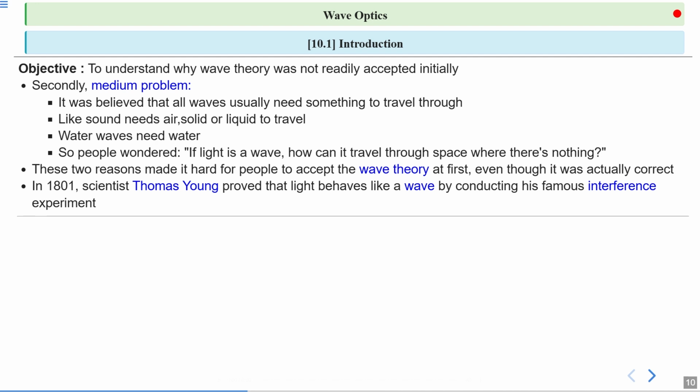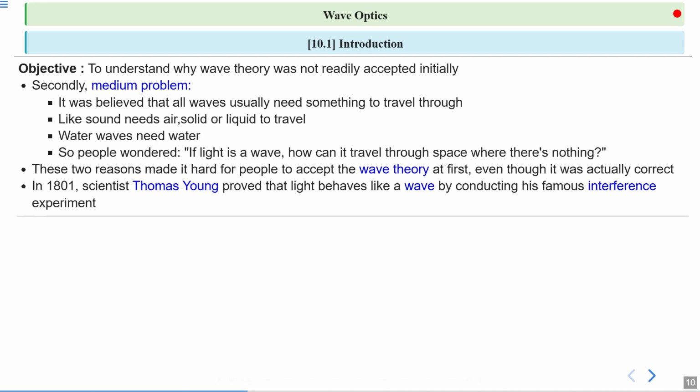So Thomas Young proved that light behaves as a wave, because waves interfere. There is constructive interference, there is destructive interference. You may have studied this in waves in chapter 11. So waves interfere or superimpose to give constructive or destructive interference.